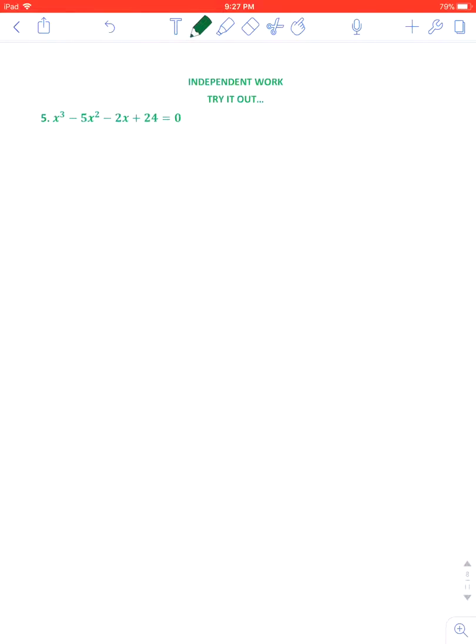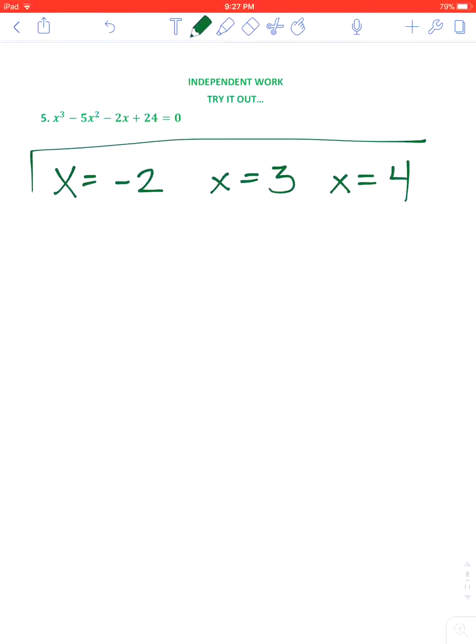You should end with 3 x values: -2, 3, and 4. So try this using that rational roots theorem and see if you can find those 3 zeros.